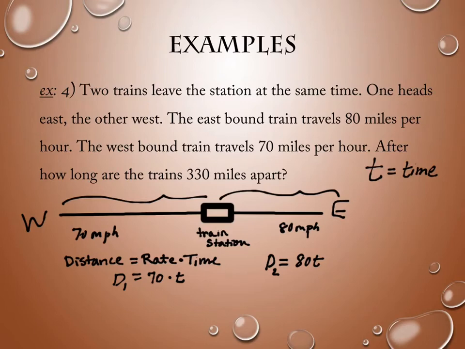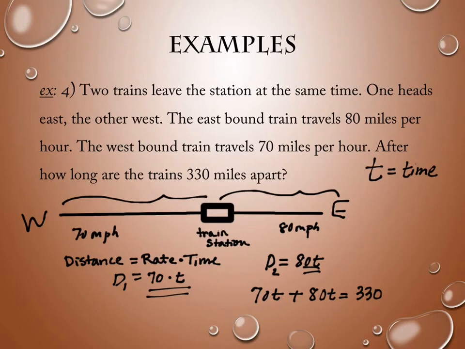So if I take this distance, which is 70T, plus this distance, which is 80T, it will have to add up to 330. Because the distances are based upon the times that are being, I want to say driven, but it's not really ridden. I don't know. It's a train. What do we say? I guess they're driven.